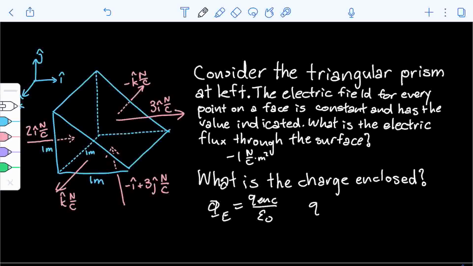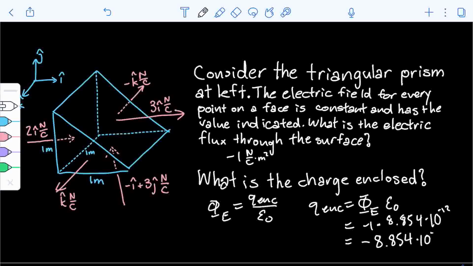So we have that Q enc is equal to the electric flux times epsilon 0, which means that it's equal to negative 1 times 8.854 times 10 to the negative 12th, which means that this is negative 8.854 times 10 to the negative 12 coulombs is the charge enclosed. So that's great.